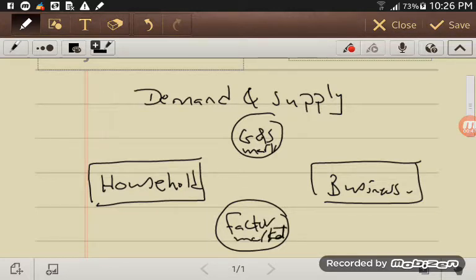Households are going to provide or sell their services to businessmen. Services of households are such as labor services, capital, and so on. So households represent factors of production. So they are going to provide services of factors of production to businessmen through the factor market.